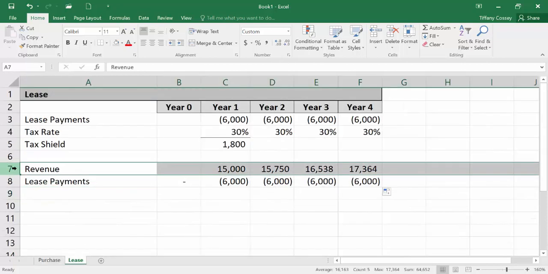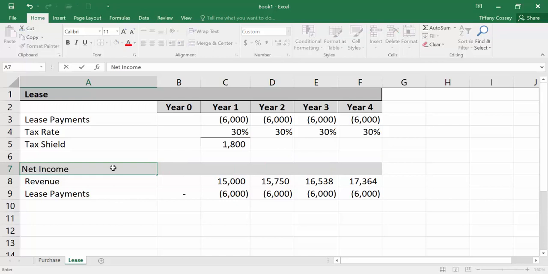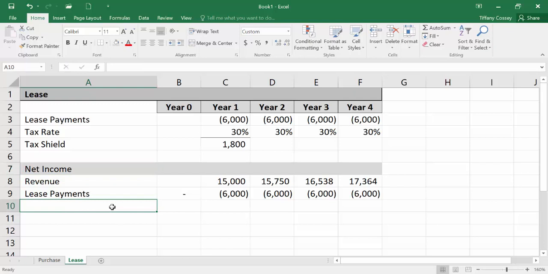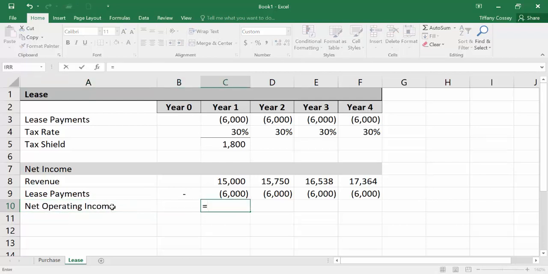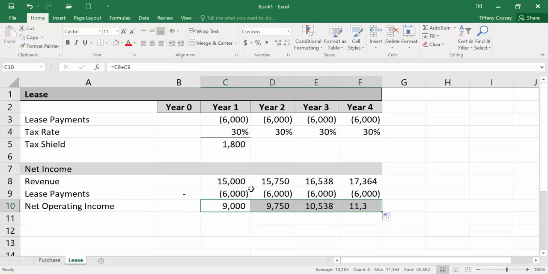This is going to be the net income calculation. And it will just be the revenue minus the lease payments. Tells us our net income each year.